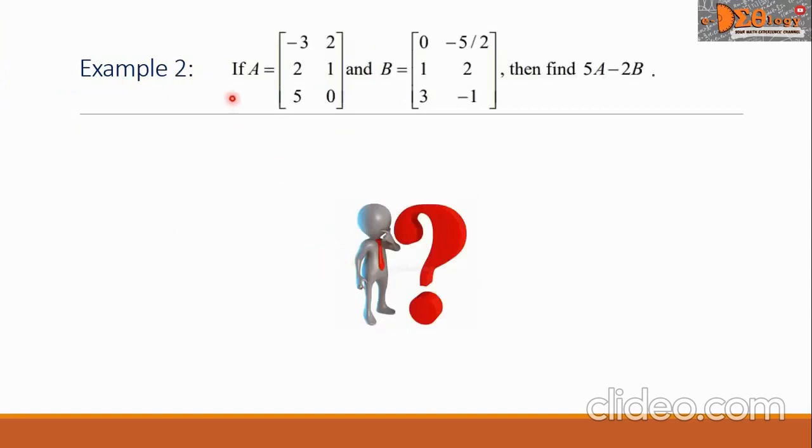Example 2. If matrix A equals -3, 2, 2, 1, 5, 0, and matrix B equals 0, -5/2, 1, 2, 3, -1 respectively, then find 5A minus 2B.